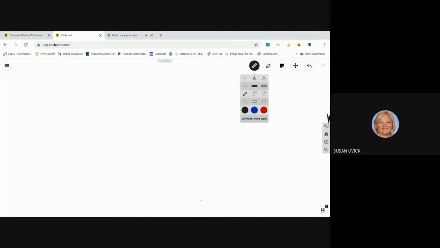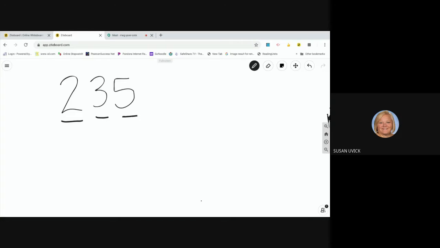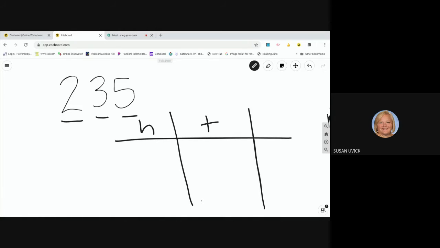If I have a number like 235, if I want to think about what that means, I have to think about the place value, the value of each one of those. If I was going to draw this using our hundreds, tens, and ones charts like we did before, I could start with the ones and I could draw 5 ones.